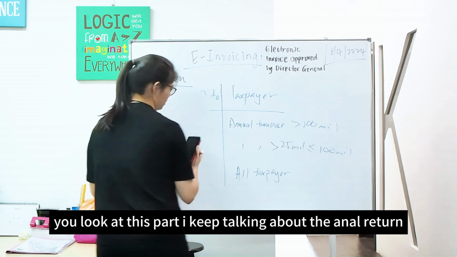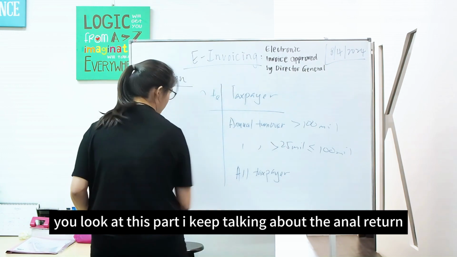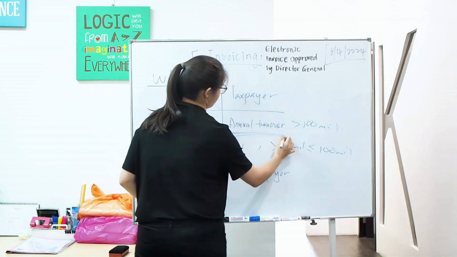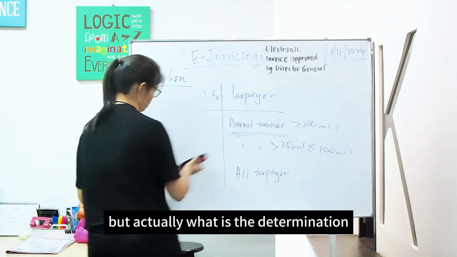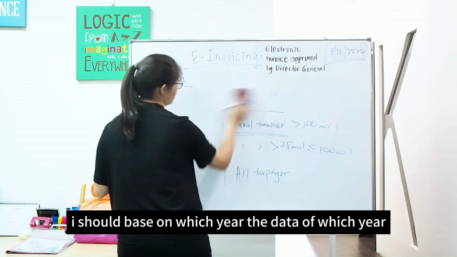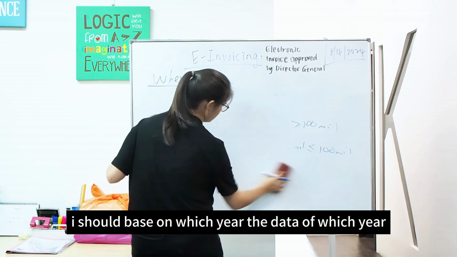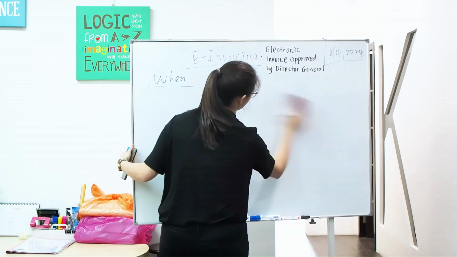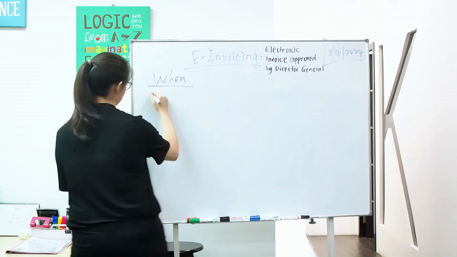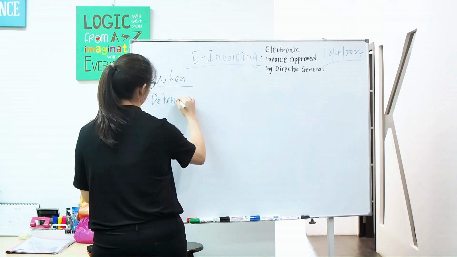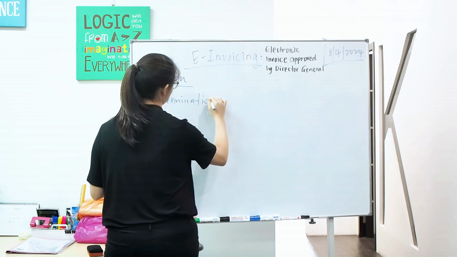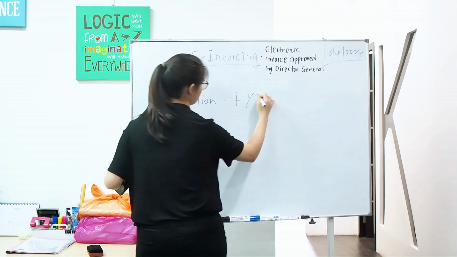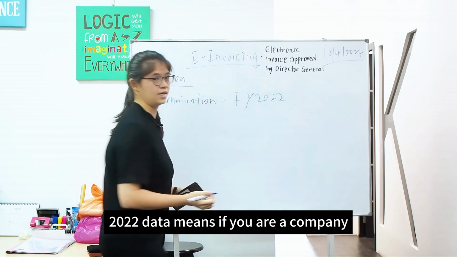You look at this part. I keep talking about the annual turnover, but actually, what is the determination? Which year should I base on? The data of which year? Actually, it is 2022 data.